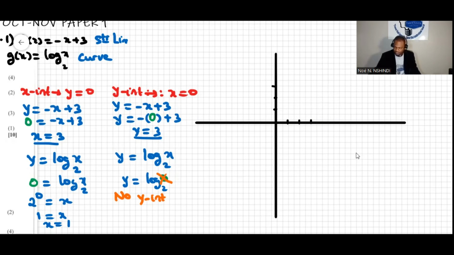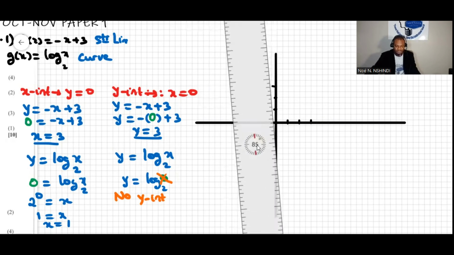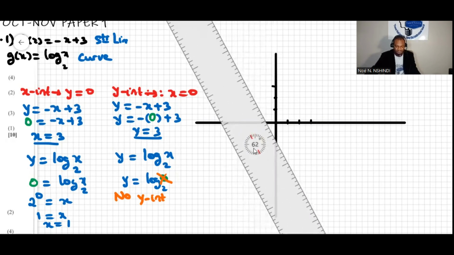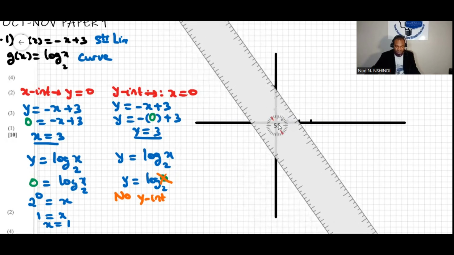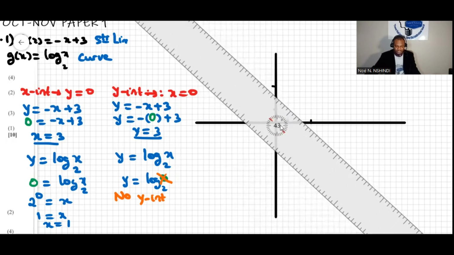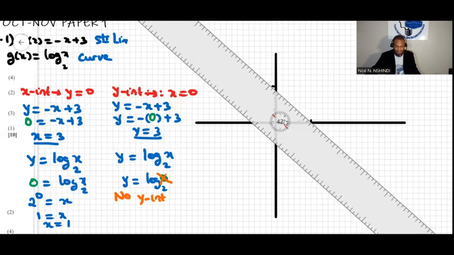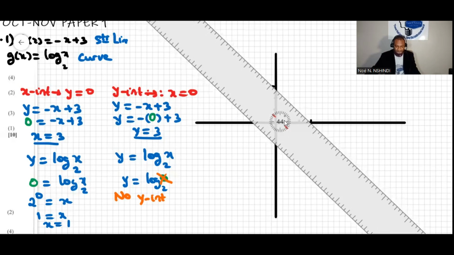My straight line must connect the 2 points, approximately.